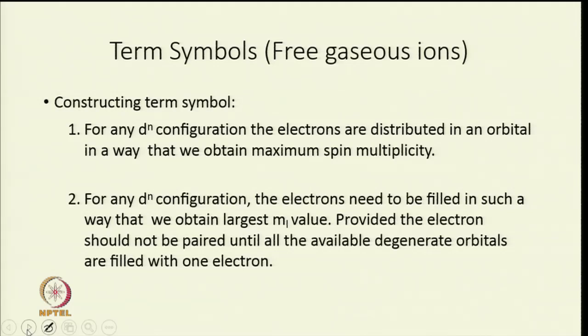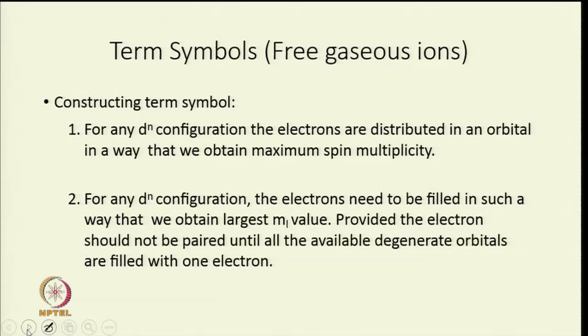Okay, so let us go ahead and see what the different term symbols are. First we will look at term symbols for free gaseous ions, and then we will see how the term symbol splits when it is approached by a ligand.